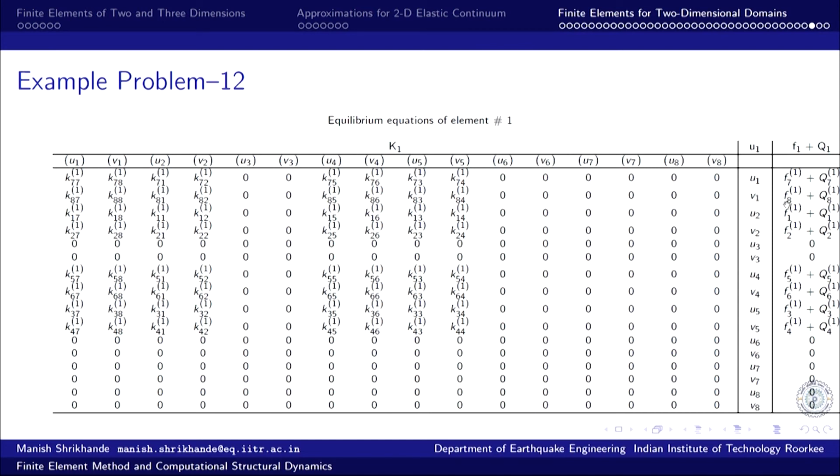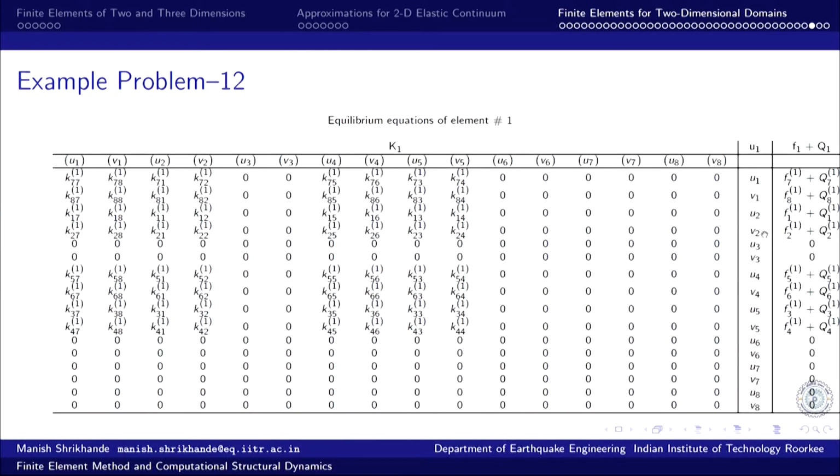So, this is for element number 1, contributions from element number 2 would be superposed on this, added to that. So, some elements get added up, some elements get subtracted according to whatever their respective signs are. So, it is always algebraic addition, and then once we are done with element number 2, we will go to element number 3 and superimpose element number 3 equations on this, and then finally element number 4 equations on this.